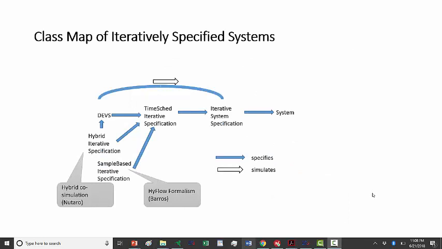Now, in the third edition of Theory of Modeling and Simulation, we produced this kind of map of various subclasses of iteratively specified systems, showing how they can be defined and their properties, how they generalize existing formalisms, such as the HyFlow formalism of Barros and the hybrid co-simulation formalism of Nutaro, and also how DEVS can simulate any iterative system specification, as we just suggested.